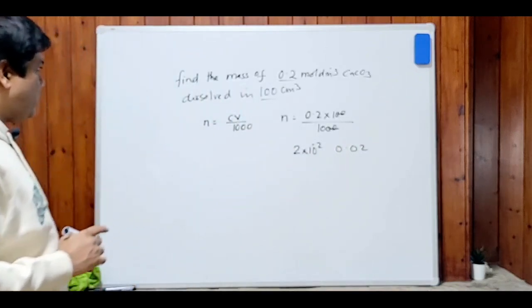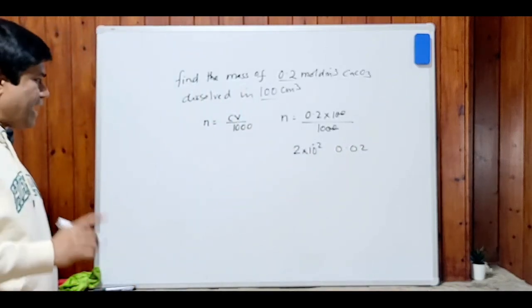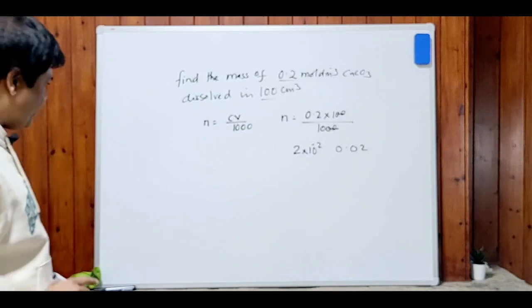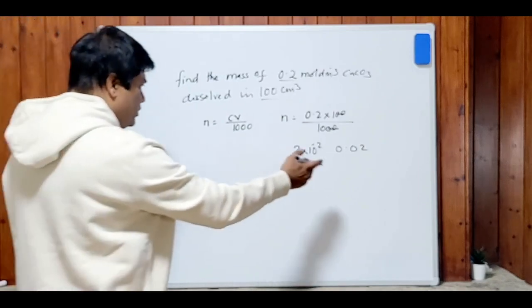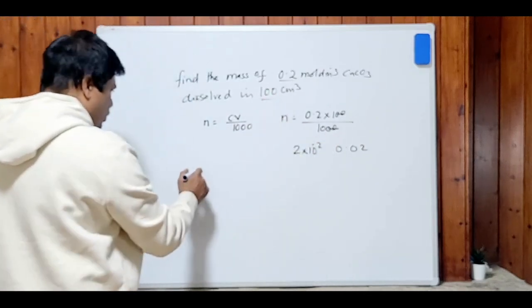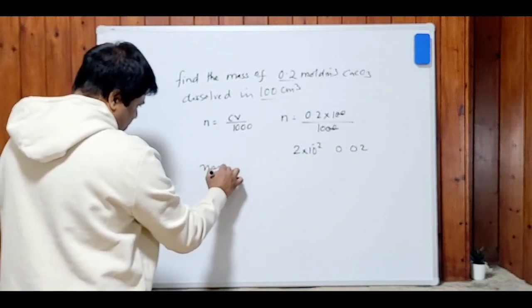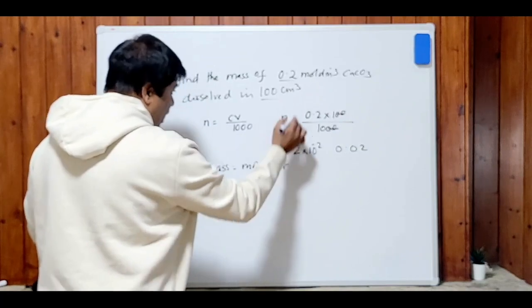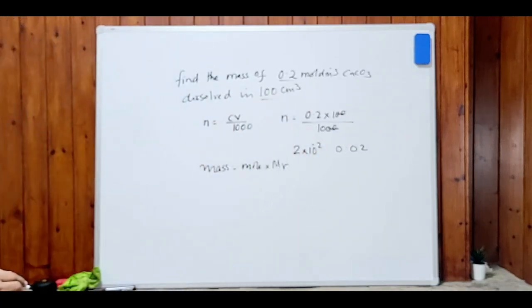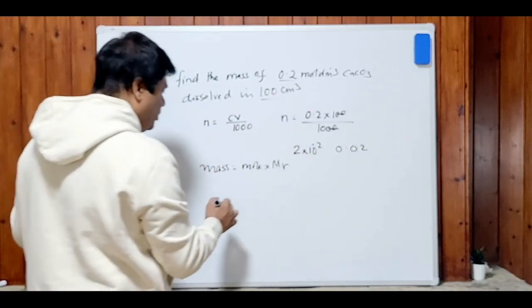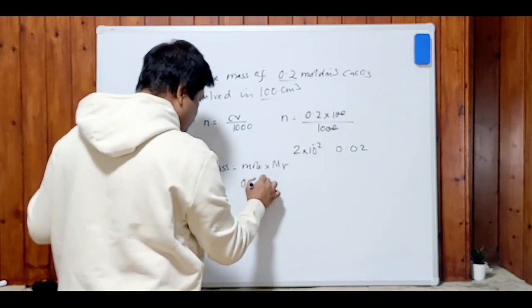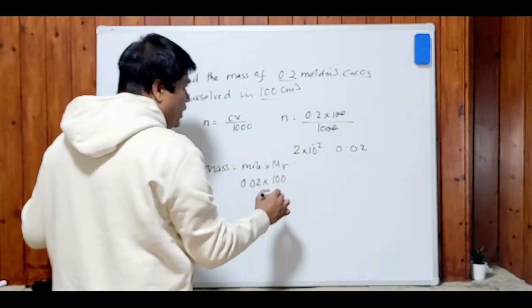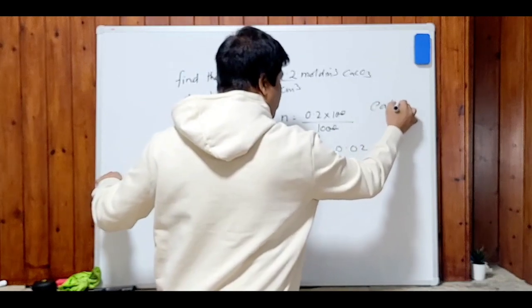0.02 is the mole. How can we work out mass when the mole is given? Oh sorry, mole is not given, but you worked it out. Mass equals to mole times its Mr of calcium carbonate. 0.02 times 100 for calcium carbonate.